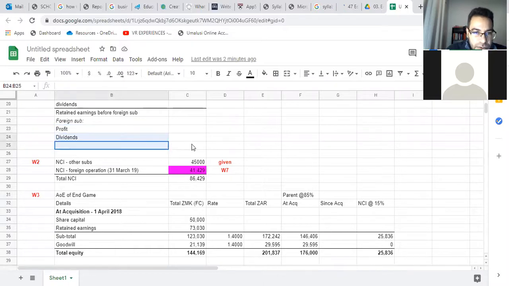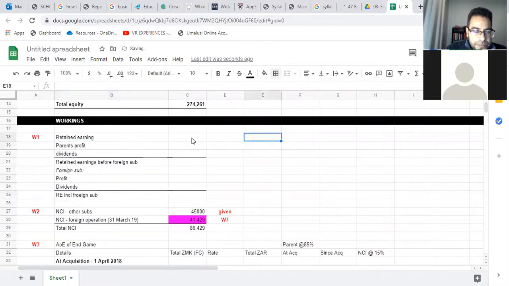Okay, so what's going to happen? Total equity, so total retained earnings, basically retained earnings including foreign sub. The retained earnings given was 350,123. The dividends the parent declared, given was 34.